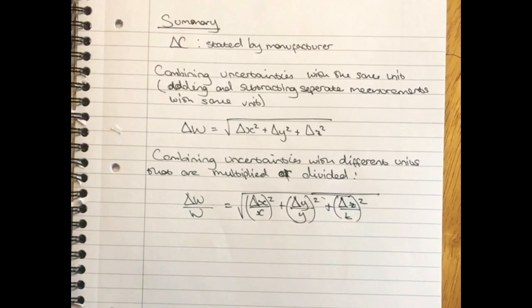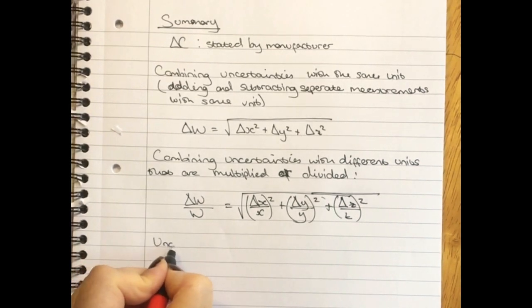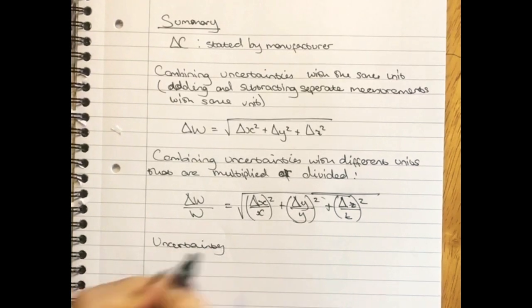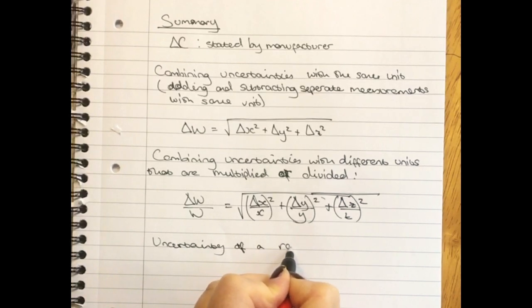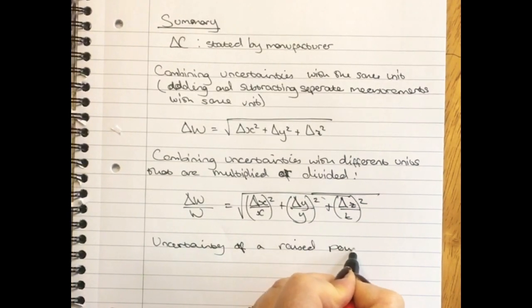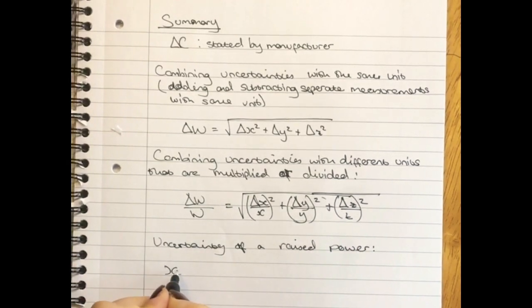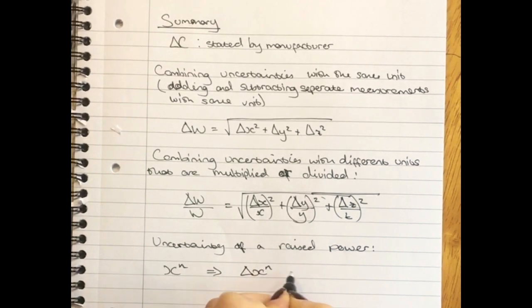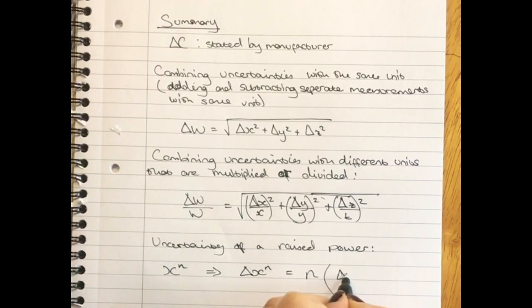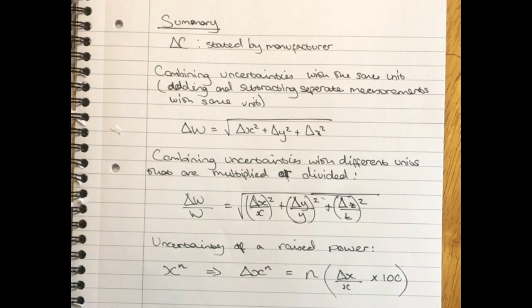Okay, and that really is a total summary. Oh, we've forgotten the powers. Uncertainty of a raised power. So if we've got x to the n, then delta x to the n is equal to n times the percentage uncertainty in x. You could now try the uncertainty tutorial that's attached in the description of this video.